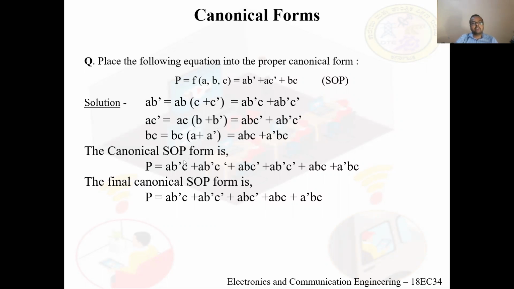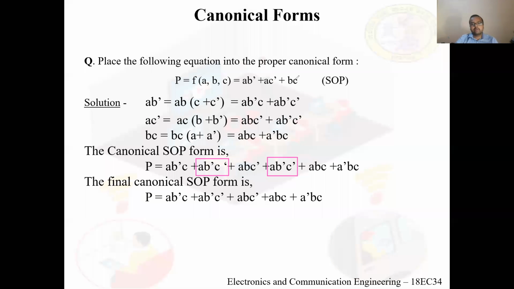So now what is the canonical SOP form here? Write all the product terms that we have, and see if there is any redundant term here. See here, do we have any? You can see from here, we have this term and this term. Both are the same.